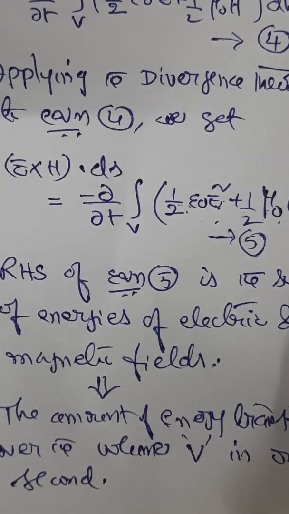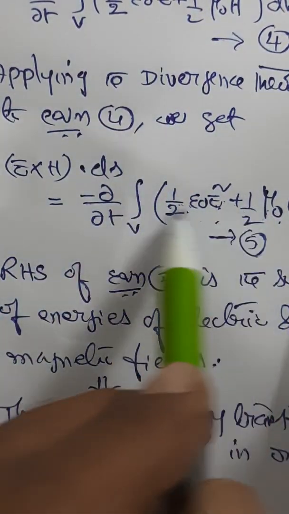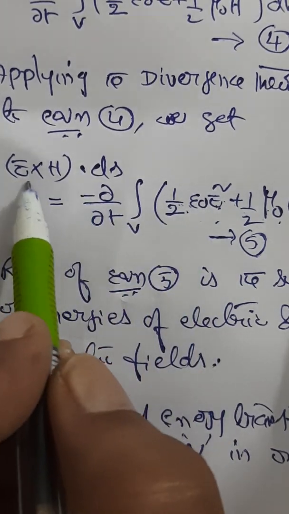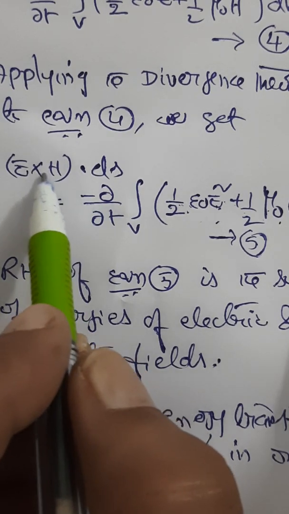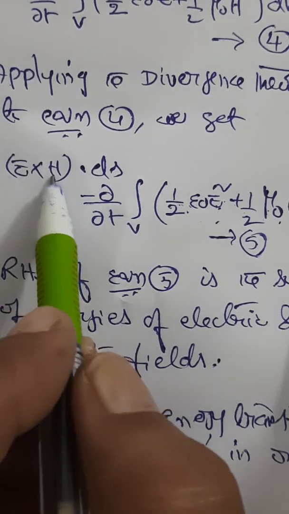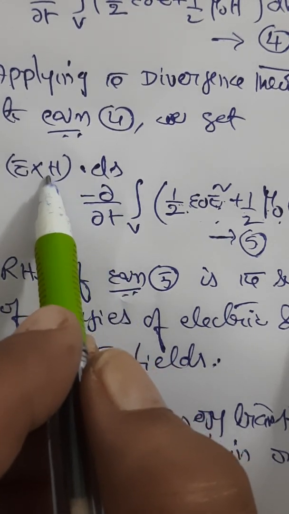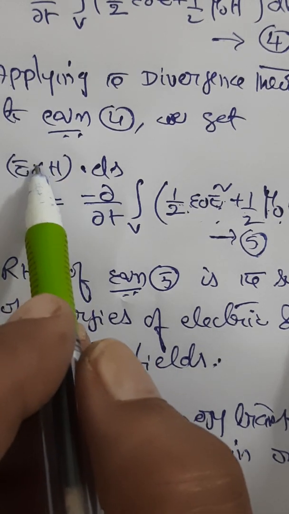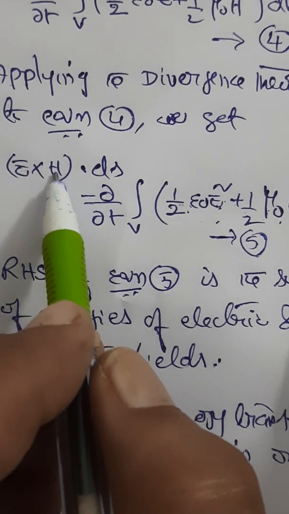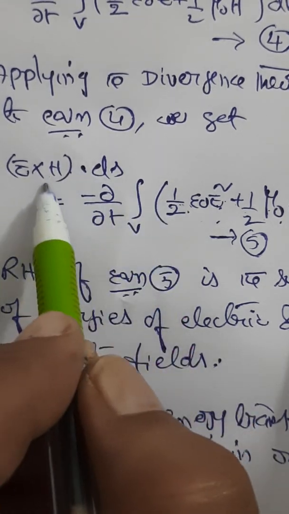Now all this is equal to what? Look at the left side. Now this we talked about, rate of flow of energy. All this is equal to what? This one. So if you see the vector E cross H, it's called the Poynting vector, of course. Therefore we call it simply P. This E cross H in this equation represents the amount of field energy passing through unit area of surface in that time, normal to the direction of the flow of energy.